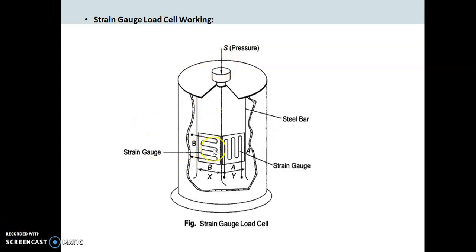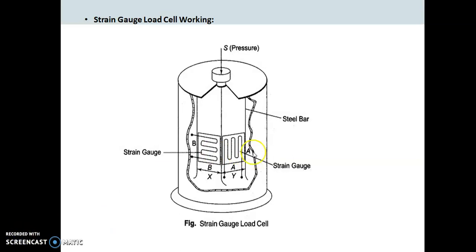Due to this stress, the steel bar gets compressed along the axis, that is S, and it expands along the XY axis. Due to this, the resistance of strain gauge A will decrease, whereas the resistance of the other strain gauge will increase. Now in order to convert this change in the resistance into voltage, we need to connect the strain gauges in a Wheatstone bridge circuit.